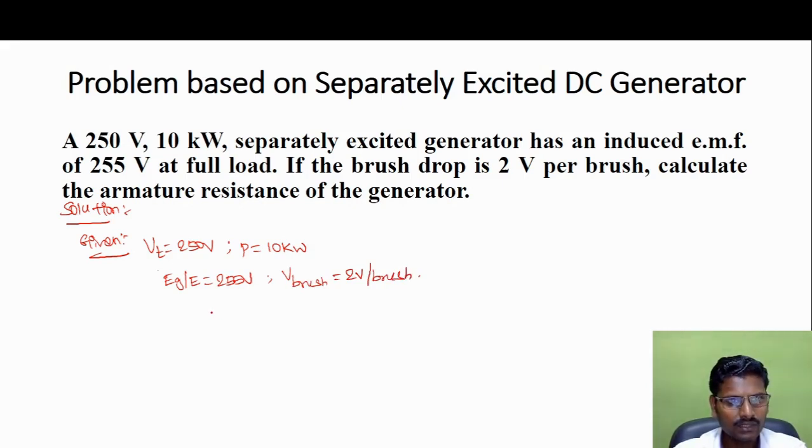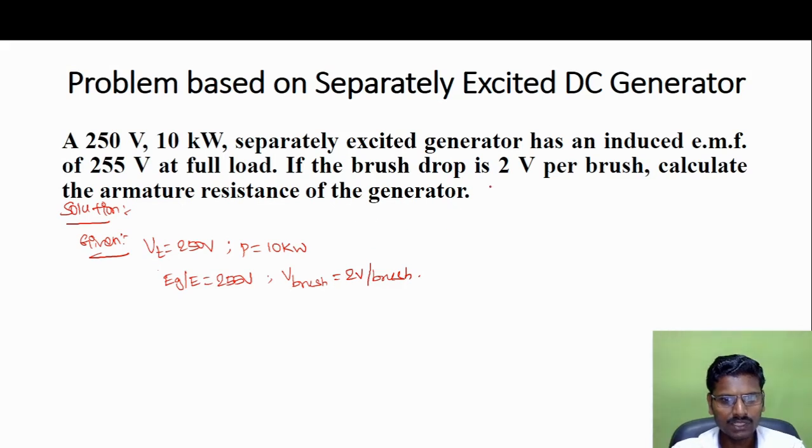In this question they have not mentioned the type of winding, whether it is a lap winding or wave winding generator. They are given V brush, which is equal to 2 volt per brush.